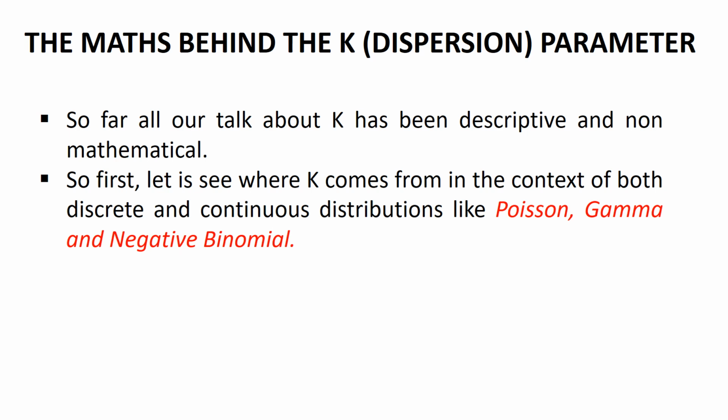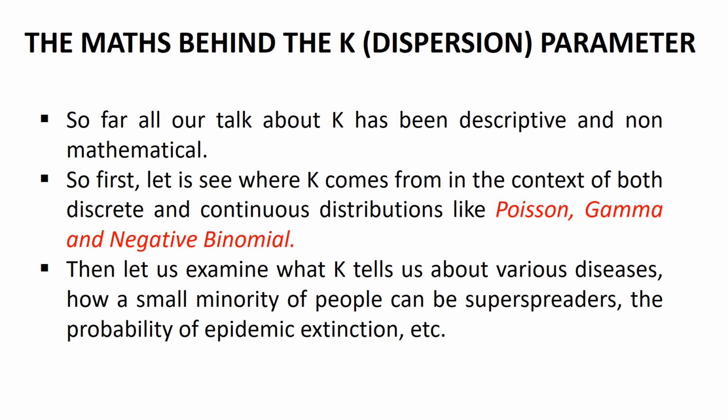I'm just going to introduce enough maths to understand the analytical stuff that comes next. So let us examine what K tells us about various diseases, how a small minority of people can be super spreaders, the probability of epidemic extinction, etc.